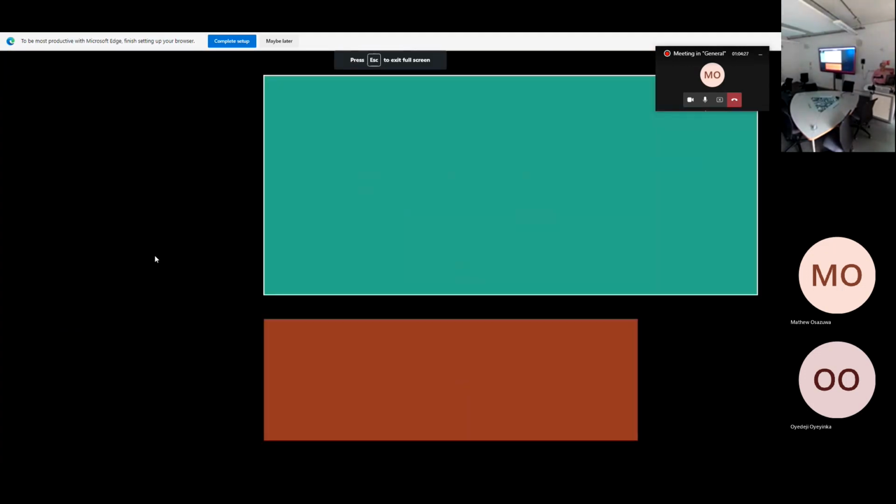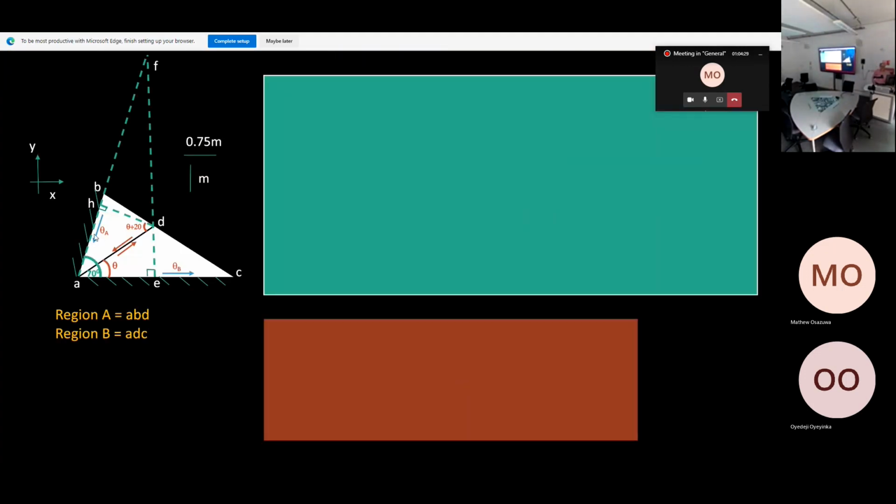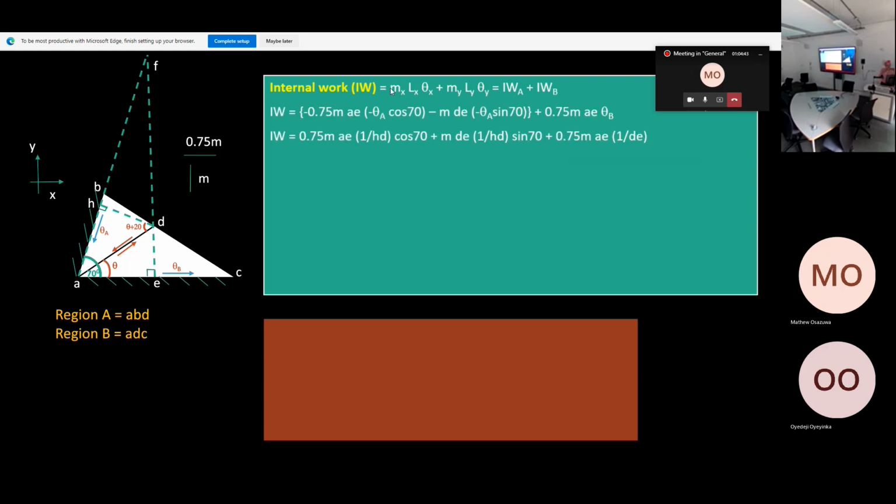If you draw a horizontal line here, the angle there is 70, so the horizontal component will be theta a cos 70, which is what I've done here.